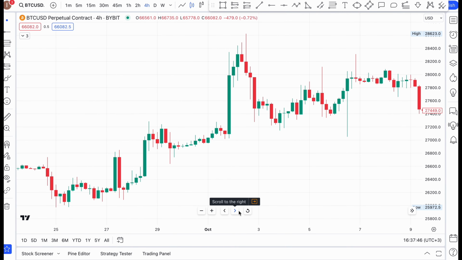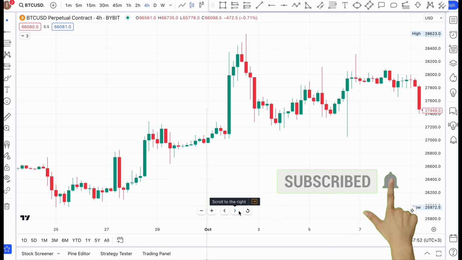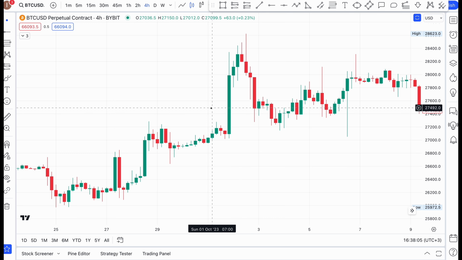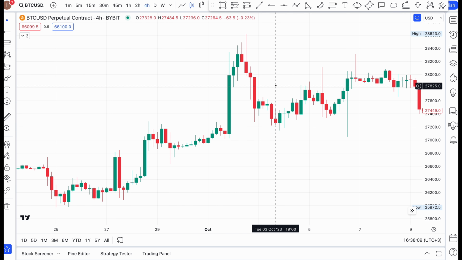So remember our rule that a candlestick must break the neckline and close below the neckline before we enter the market. But if this rule is not met, please do not take that trade. Like in this situation now, we can see there's a potential head and shoulders pattern that wants to form around this side.